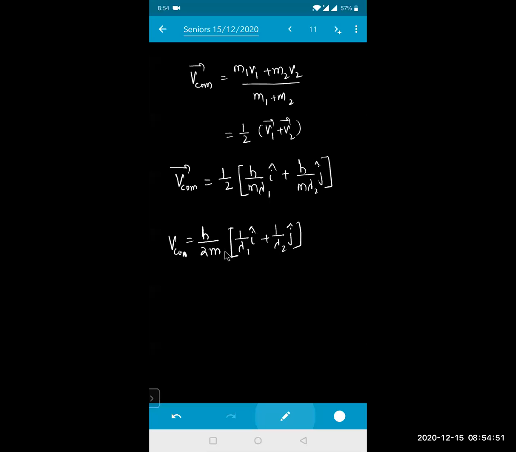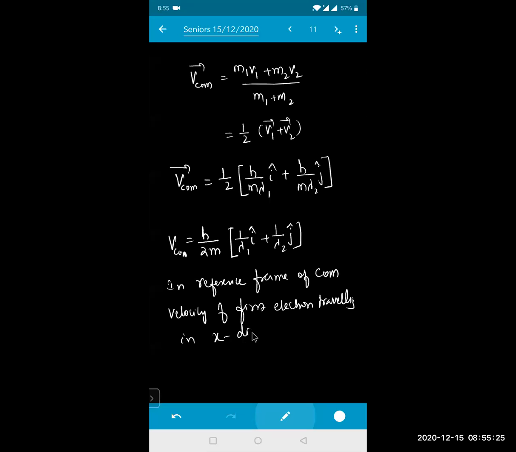In the reference frame of the center of mass, the velocity of the first electron traveling in the x direction is given as the velocity of the first particle with respect to the center of mass frame, which is v1 bar minus v_cm.